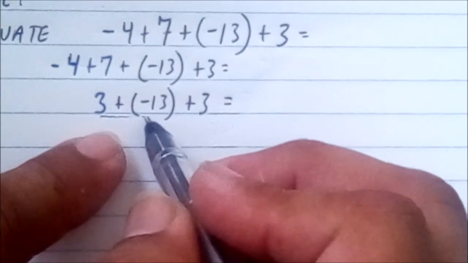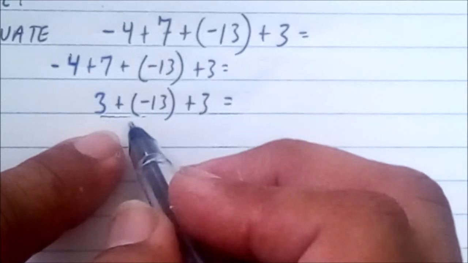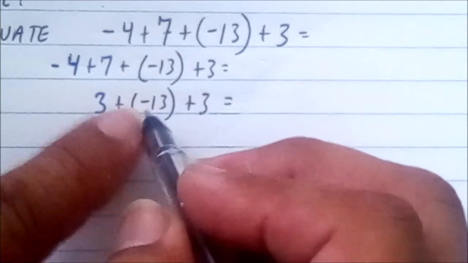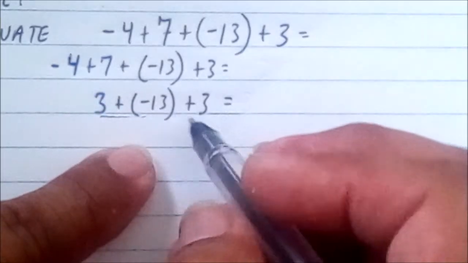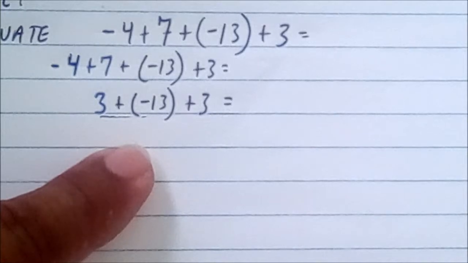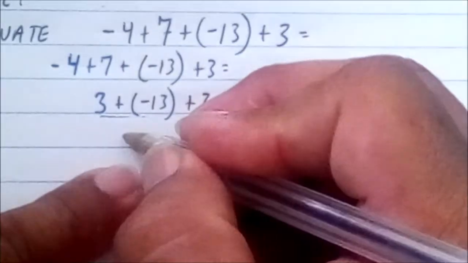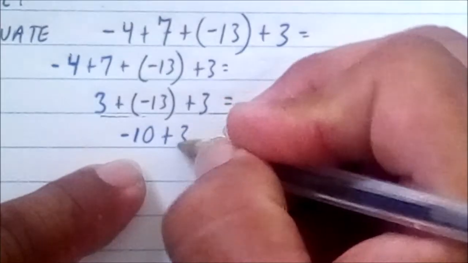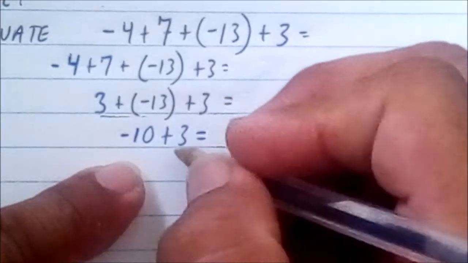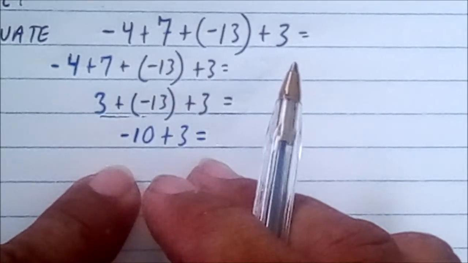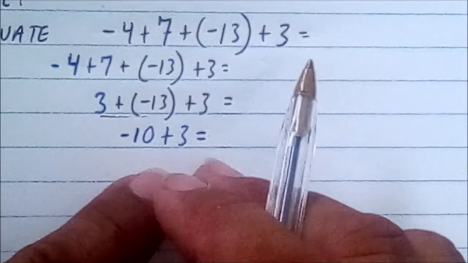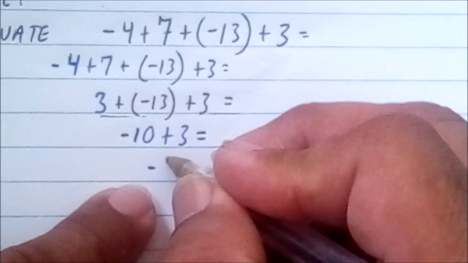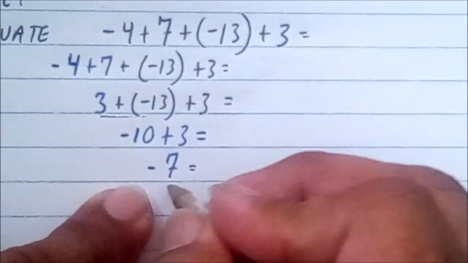Use the rules for adding two integers that have different signs again, that is positive and negative. When we work this out, we end with a value of negative 10. So negative 10 plus 3 equals, using the rules for adding two integers that have different signs again, negative 7, and that's our solution.